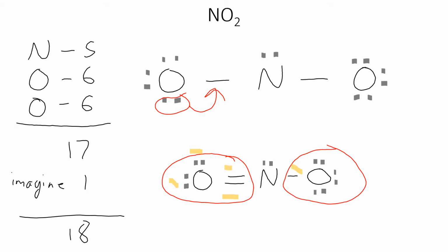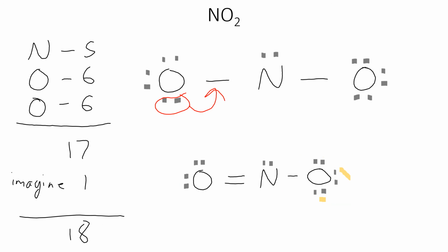Oxygen on the right, 2, 4, 6, 8 in that area. So the oxygens are good. Now we look at the nitrogen. So when we look at the nitrogen, we highlight around that. Do we have 8 in its general area? The answer is yes, we do have the 8, 2, 4, 6, 8. So that's good.